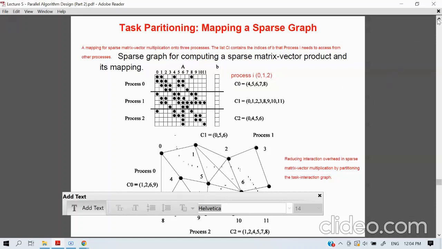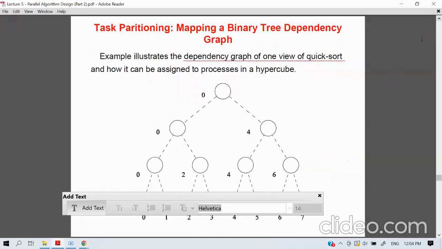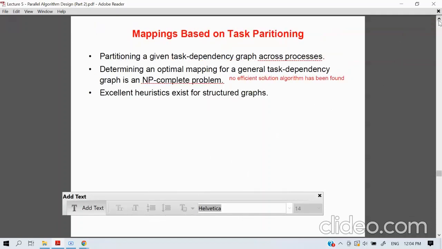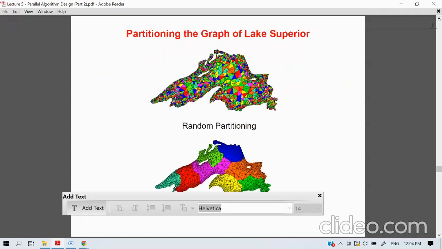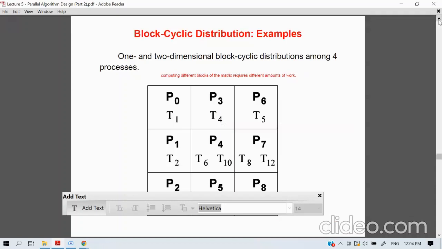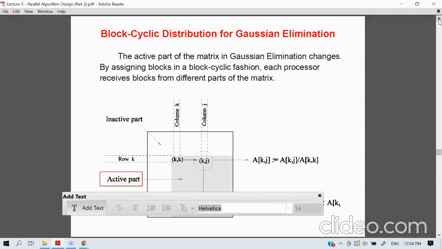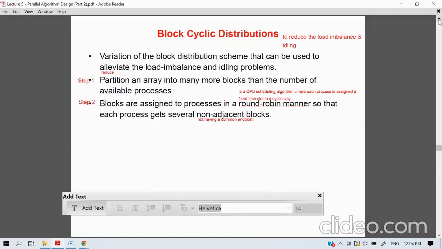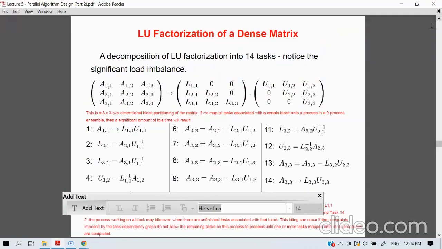Can you define one of the mapping techniques that you remember in this lecture? There are many types of mapping technique. One of the mapping techniques that stuck in your mind. What is it?